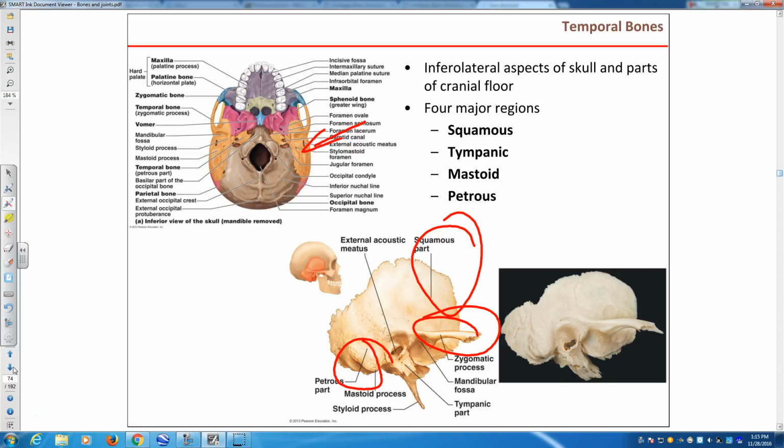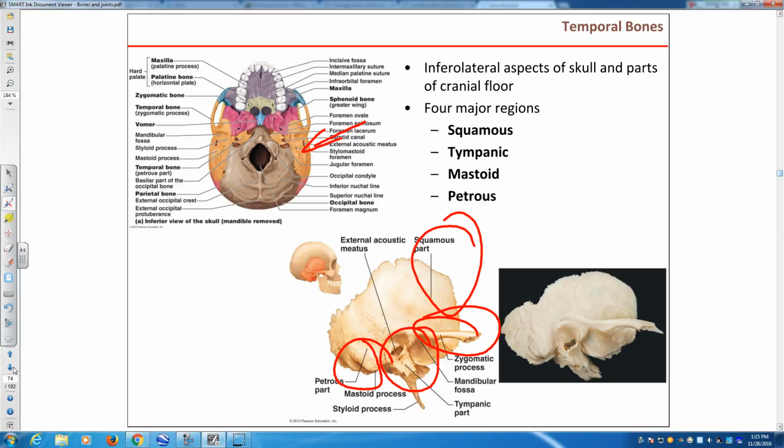The tympanic region around the acoustic meatus, and the petrous part in the back of the temporal bone. The petrous. So: squamous, tympanic, petrous, and mastoid.